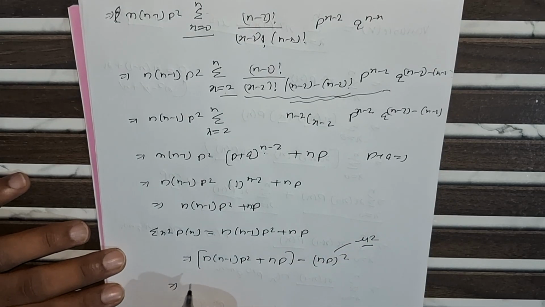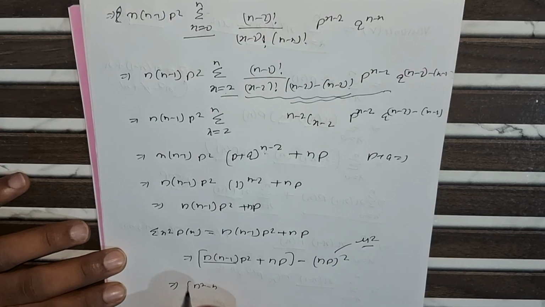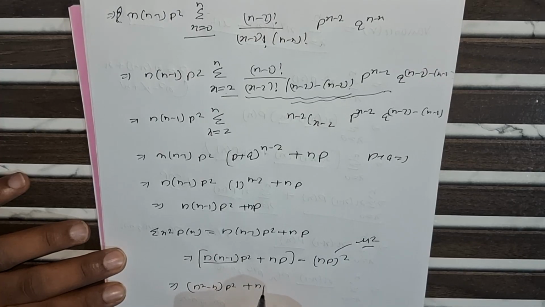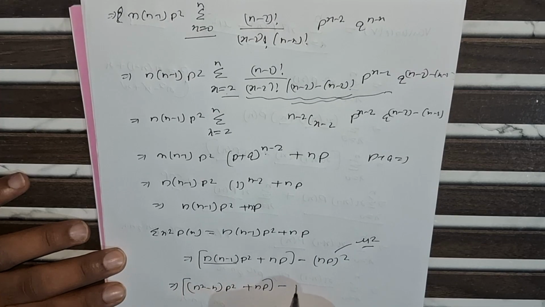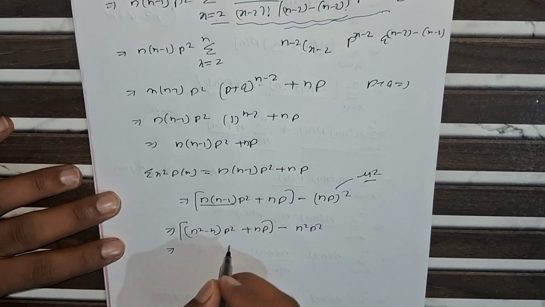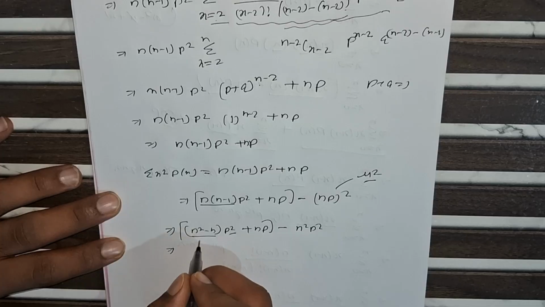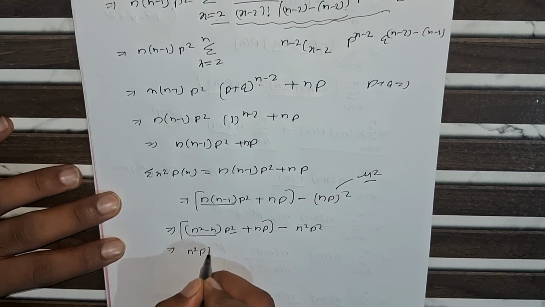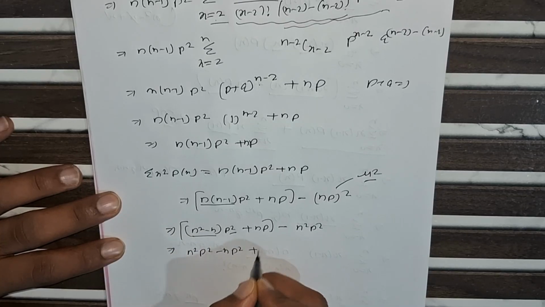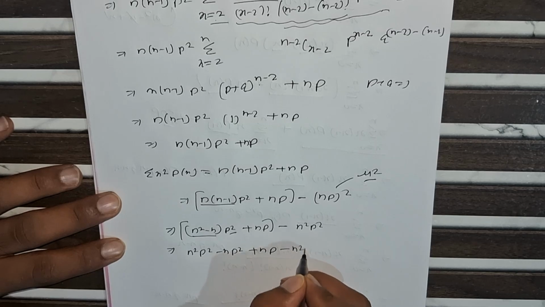Like that, we multiply. First we multiply this: n square minus n into p square plus np minus n square p square. So multiply p square in both terms: n square p square minus np square plus np minus n square p square.